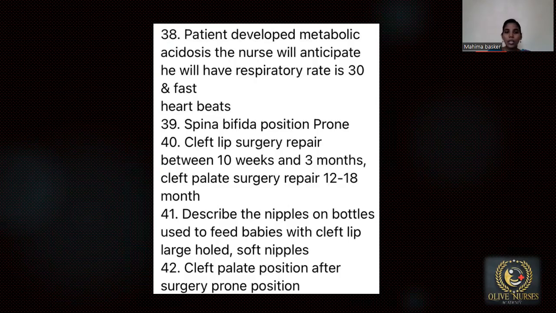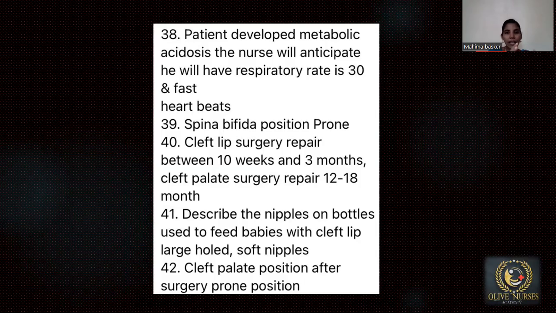Next one, cleft lip surgery. When is the cleft lip surgery? We will do the surgery at 2 to 6 months. Cleft palate will be 6 months to 1 year. Got the point? If the patient presents with both cleft lip and cleft palate, when do we do the surgery? At 6 months.